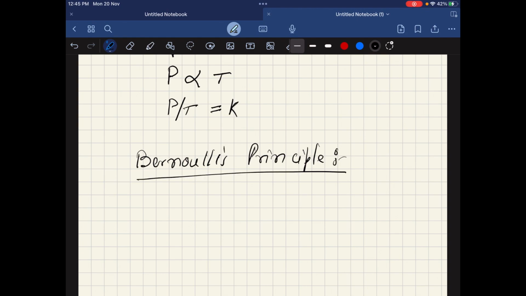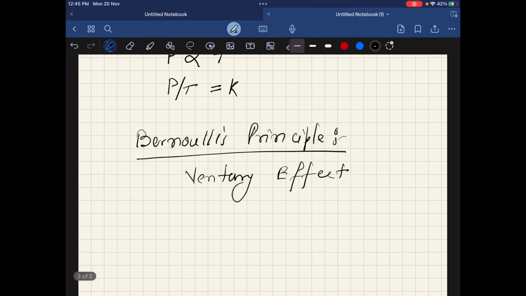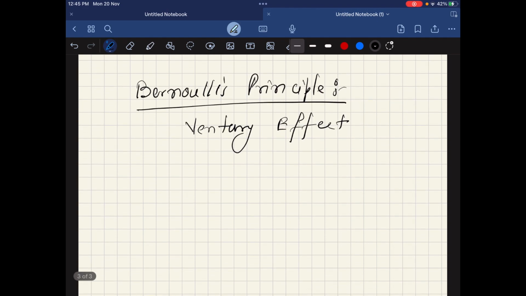It describes the flow of an ideal fluid or gas inside a tube, and this principle can also be denoted by the Venturi effect, which is used in our Venturi device, used very commonly in anesthesia and even intensive care.